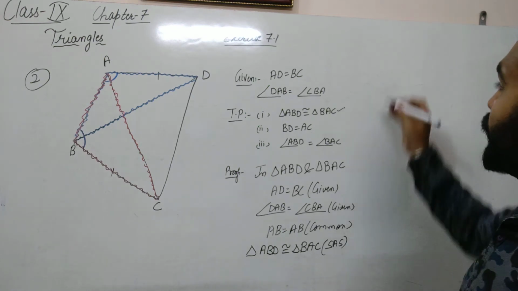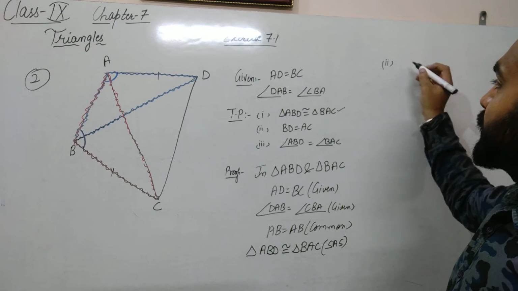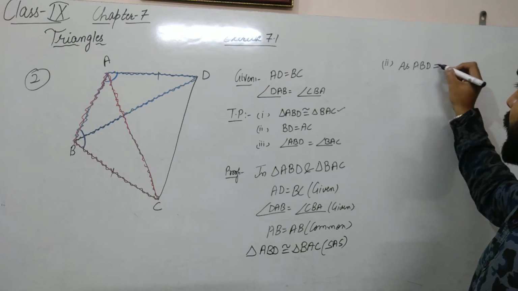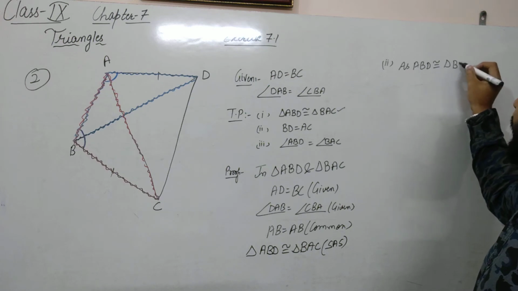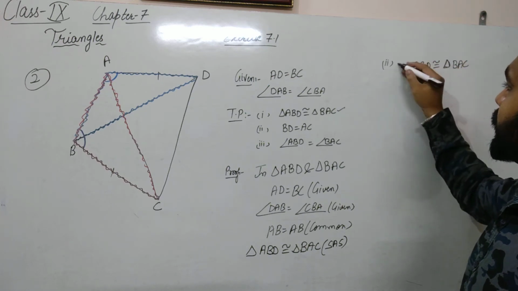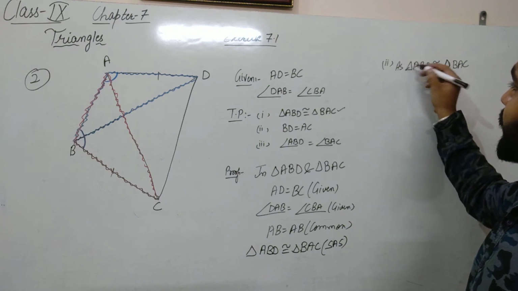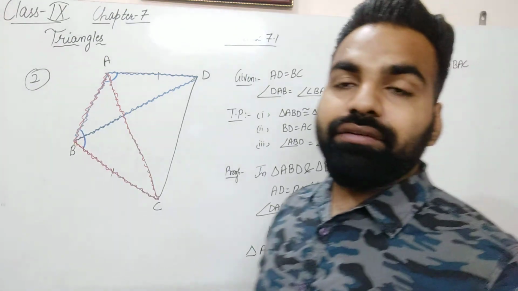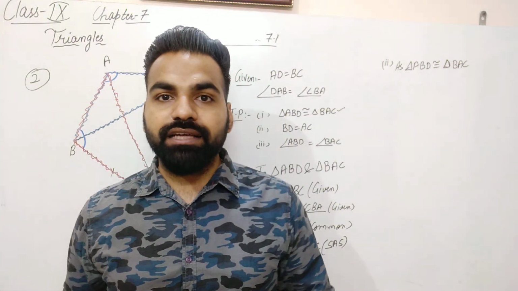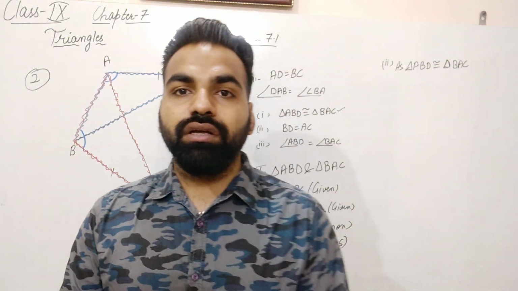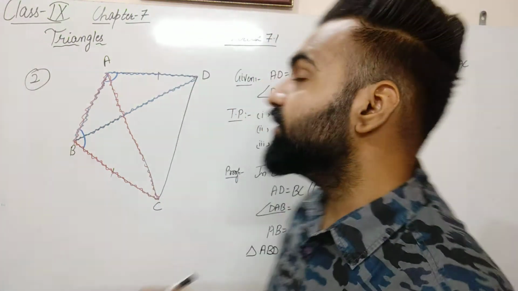Now we have to prove BD equal to AC. So write as triangle ABD congruent triangle BAC. We have just proved that, and we have studied that if the triangles are congruent, all the remaining parts of first triangle are equal to the remaining parts of the second triangle.